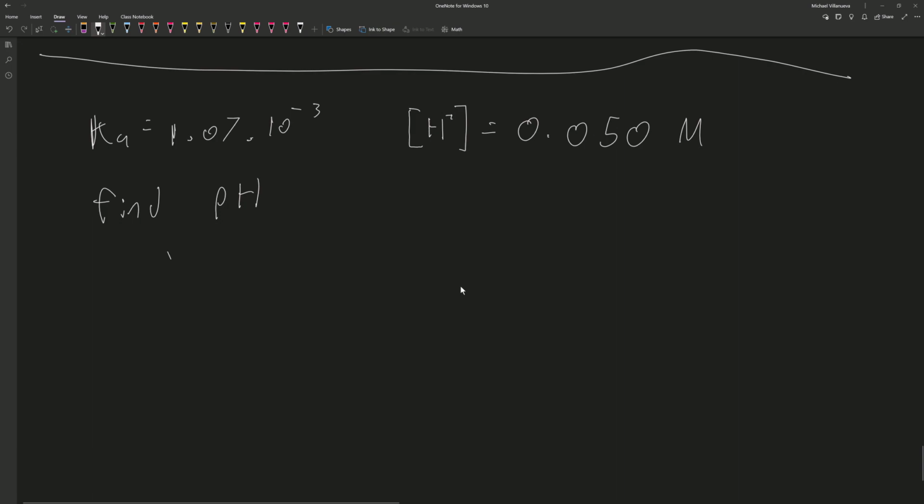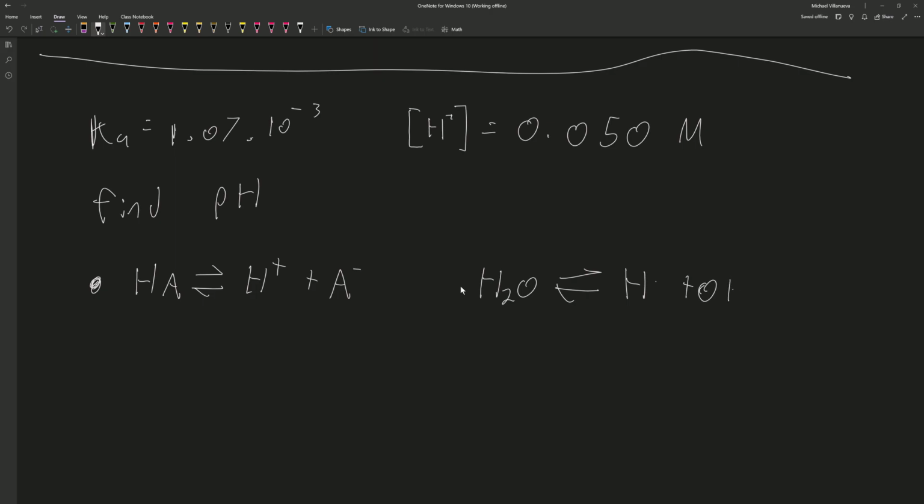Well, we know that HA reacts reversibly with H plus A minus. So the acid reacts reversibly with hydrogen plus its salt. And we know that H2O is also acting reversibly, hydrogen plus OH. That's the first point. Second point.